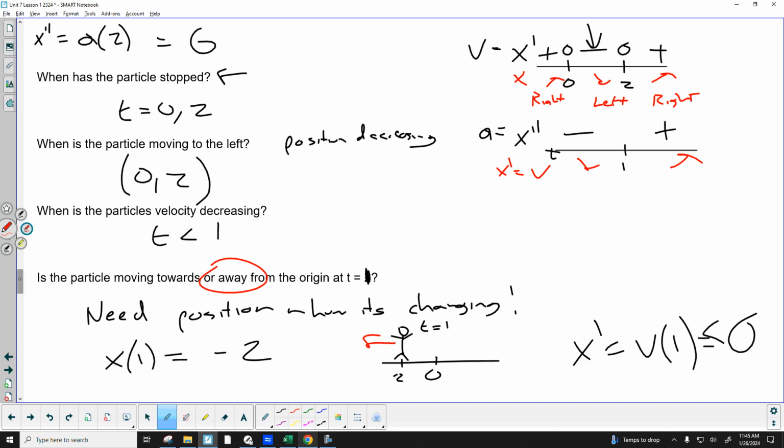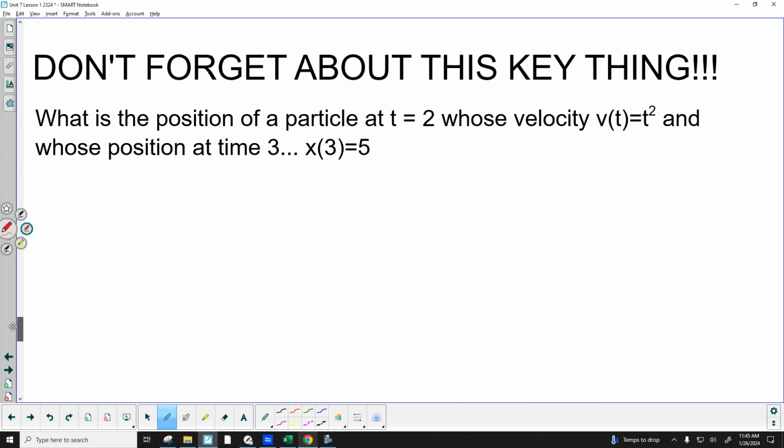Okay, what about this question? Let's skip this question. Let's go. No, let's stay with this question. Don't worry, we're perfect. What if you start with a velocity equation, but you're asked about a position?